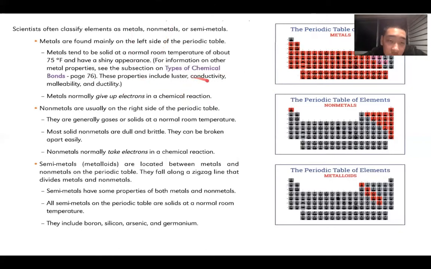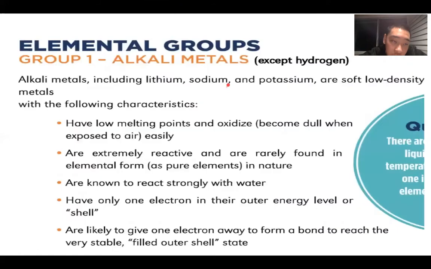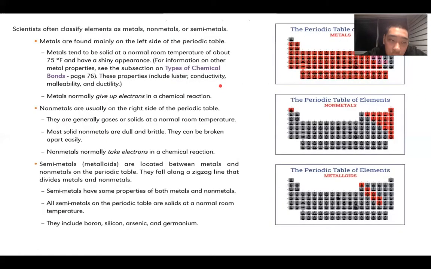So metals tend to be solid at room temperature. 75 degrees Fahrenheit is around 26, 28-ish degrees Celsius. Not certain. Most of them appear gray and metallic-ish, and some common features of metal are conductivity, which is the ability to conduct electric currents through them, malleability, and ductility.